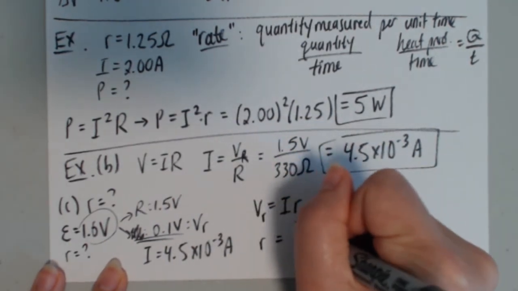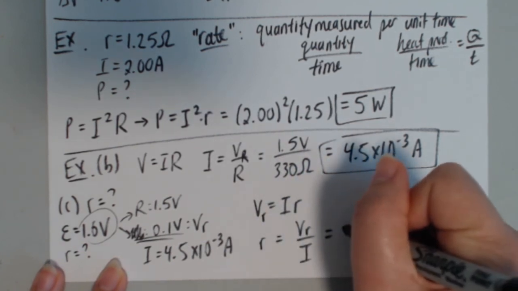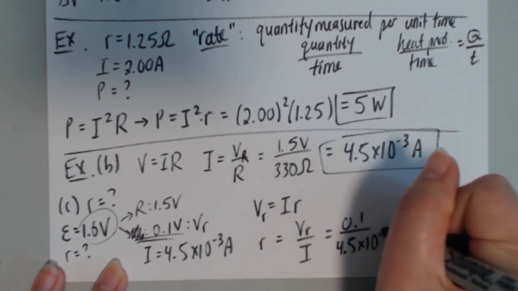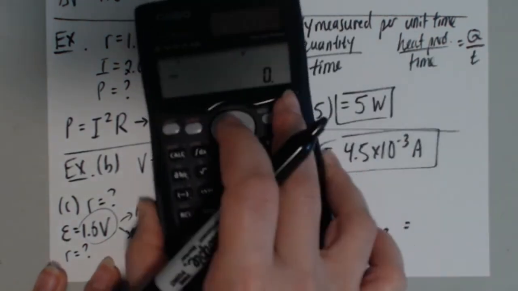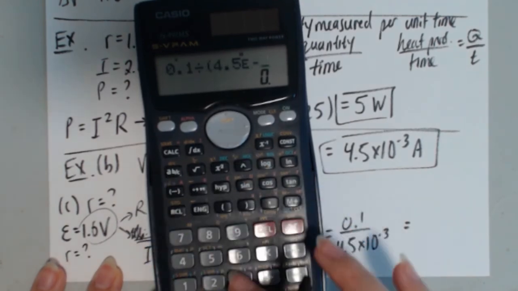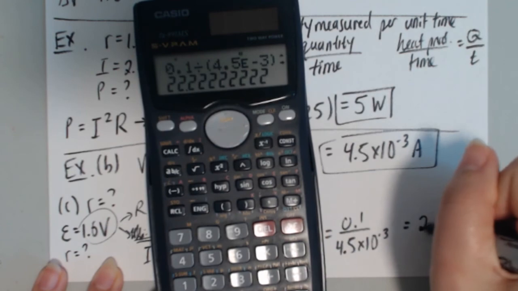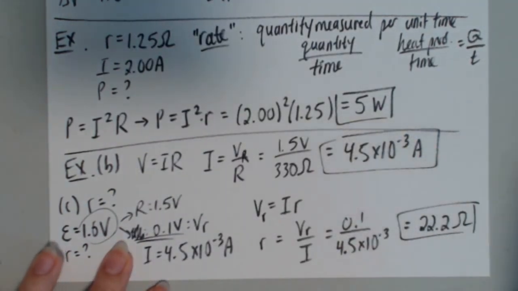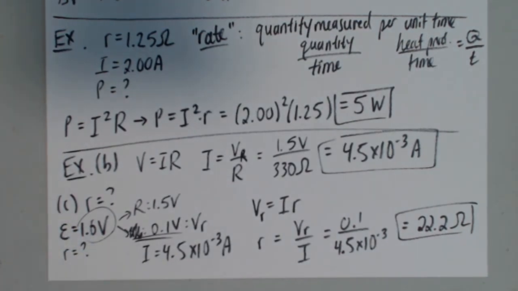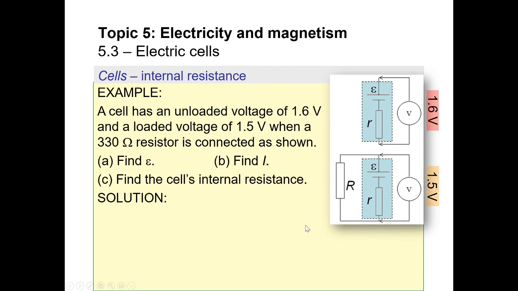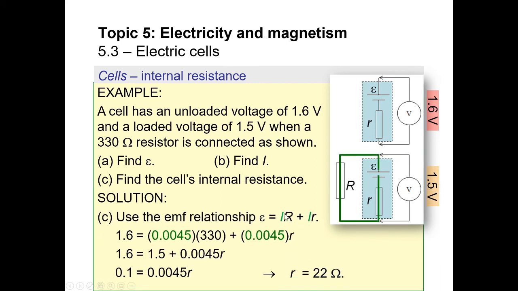So little r is V sub r divided by I, so that's 0.1 divided by 4.5 times 10 to the negative 3. So that's 22.2 ohms. Compared to the 330 ohms, that is significantly less, yet non-negligible. All right, so there we go, 22 ohms.